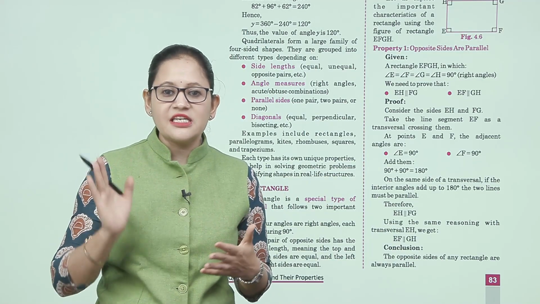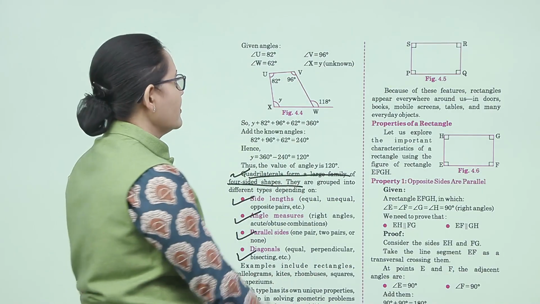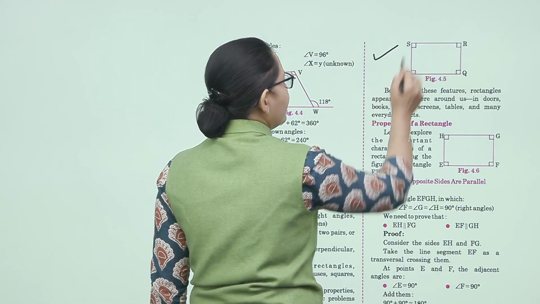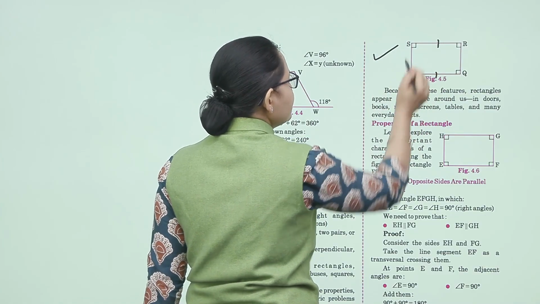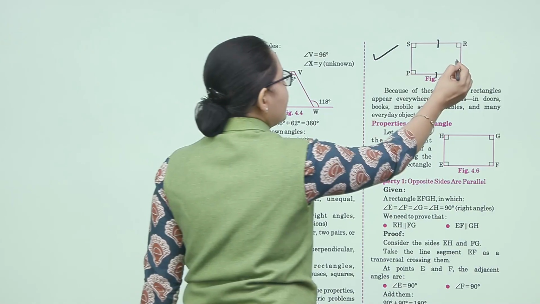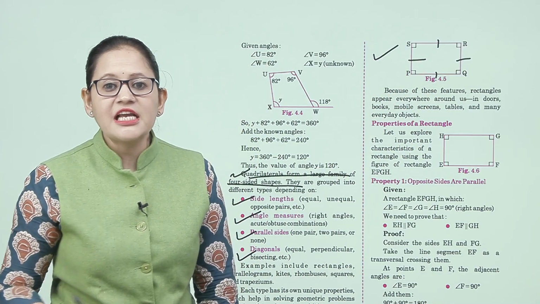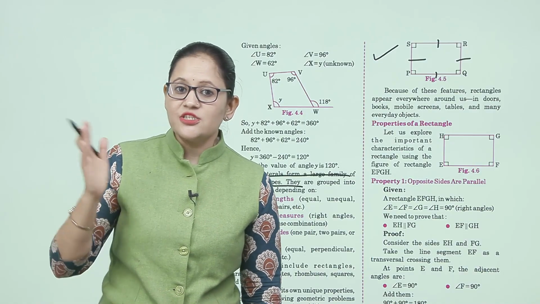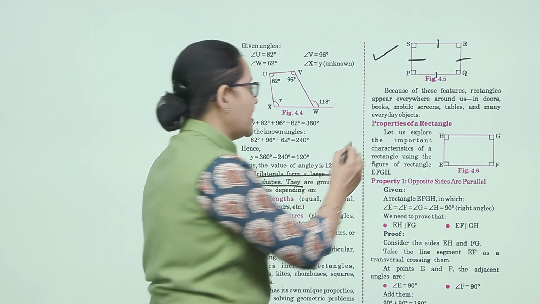Means opposite sides are equal. Here you can see a rectangle PQRS. In this, opposite sides mean PQ is equal to RS and QR is equal to SP. Because of these features, rectangles appear everywhere around us, in doors, books, mobile screens, tables and many everyday objects.